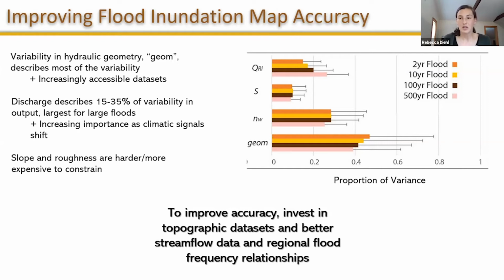And what I want to highlight here is that this is actually really promising. The hydraulic geometry is really important in determining the variability in output. So if we invest in and look to improve upon those types of inputs and reduce our uncertainty, we have opportunities to improve the accuracy of our maps.